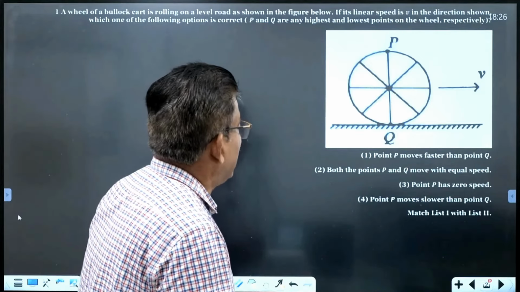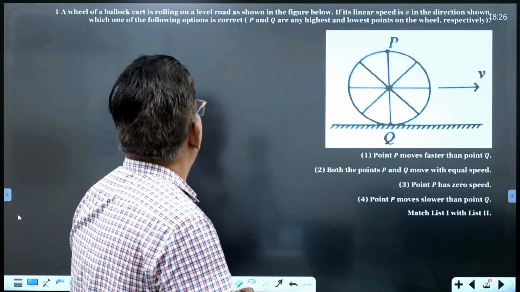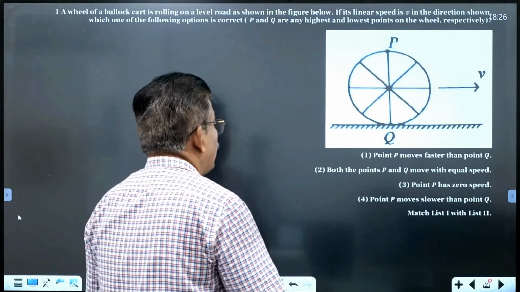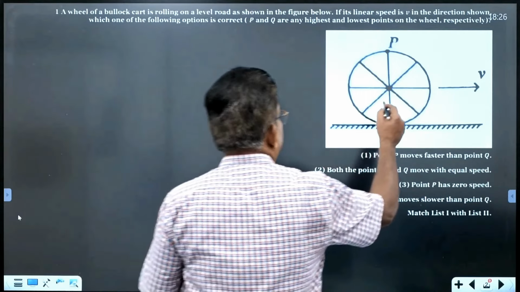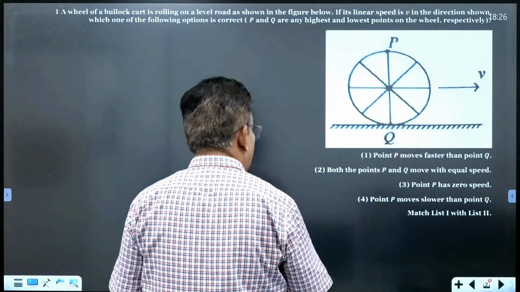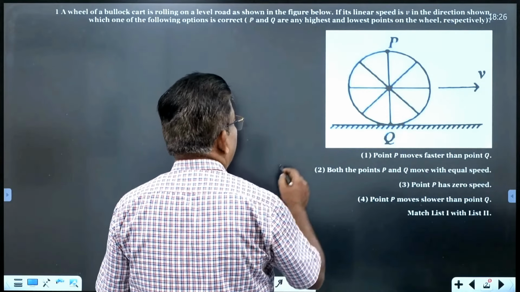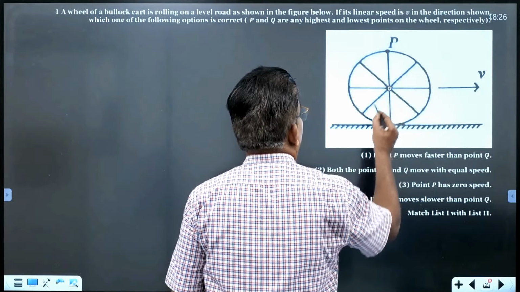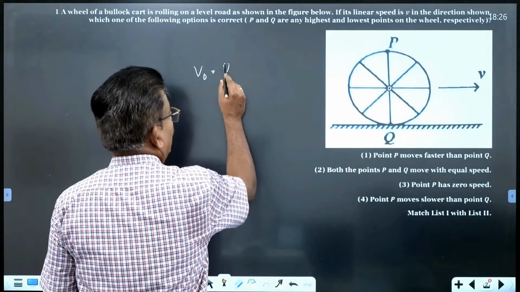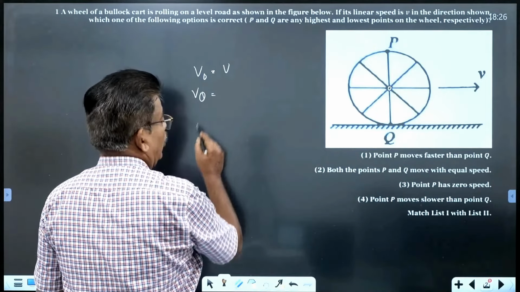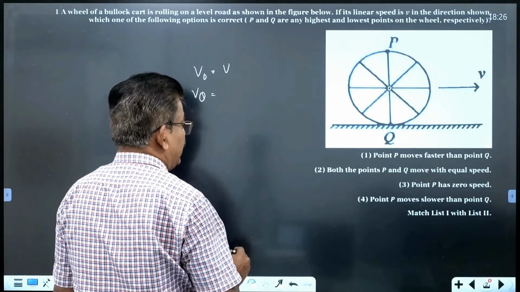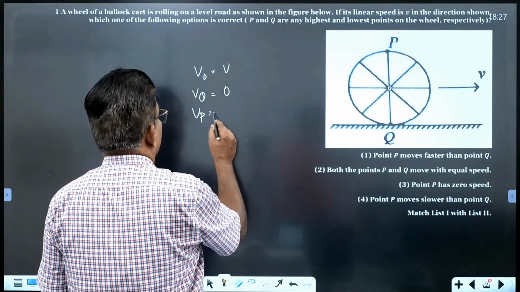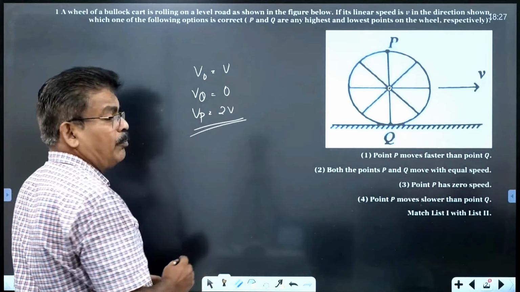Question number 1 from chapter 7. A wheel is rolling without slipping. For a body rolling without slipping, the velocity at the center point O will be the same as V. At the point Q, the body is at rest for a moment, velocity is 0, and at the point P, it is twice V. That we have taught you on a number of occasions.